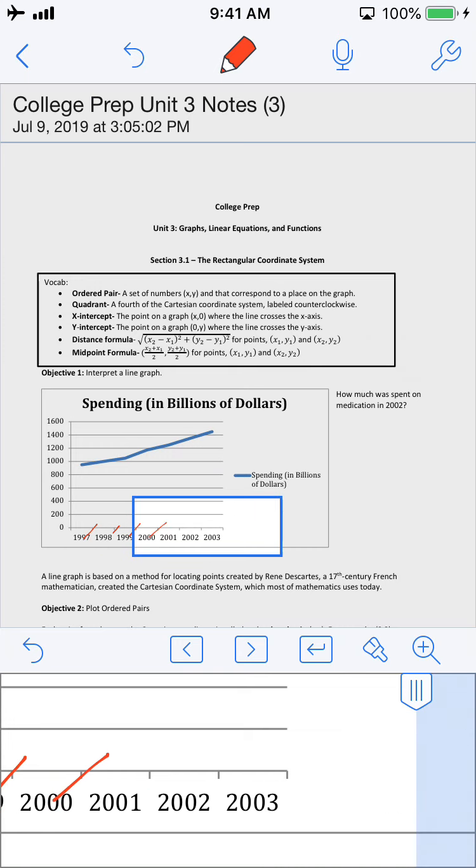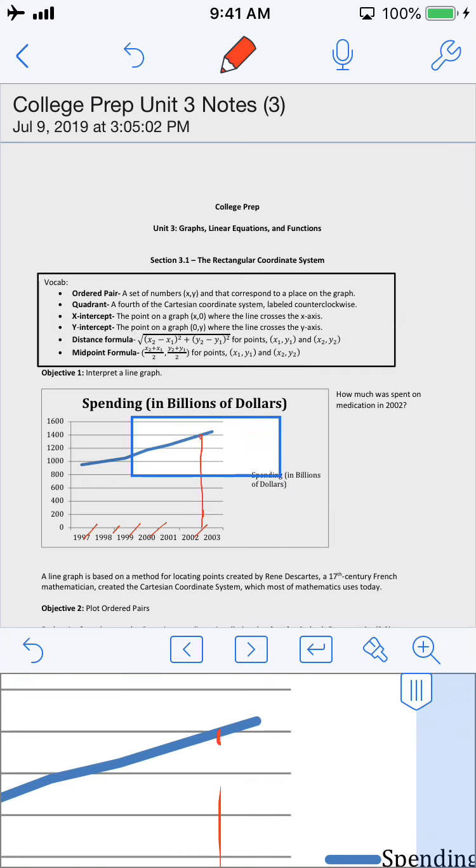So we'll go over to 2002, which is right here, and we will head up this graph to where it connects, which would be right about there. Sorry, my stylus is really sticky today. There we go. It intersects this line right about here.